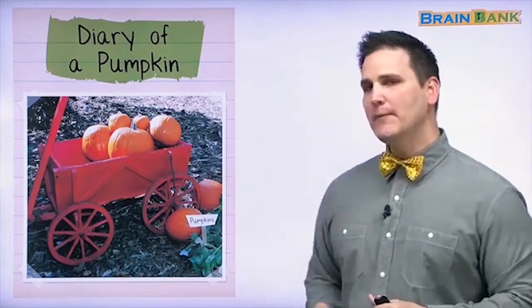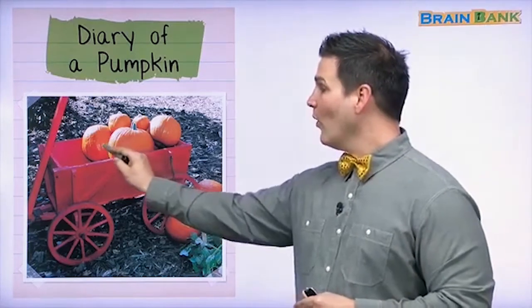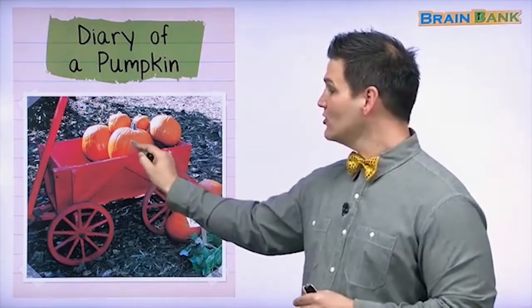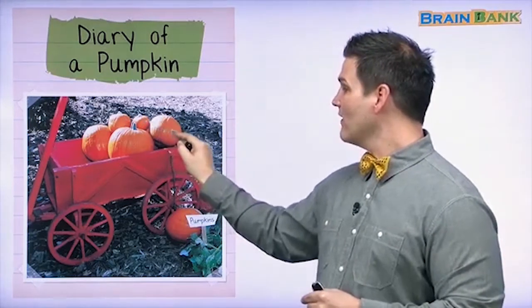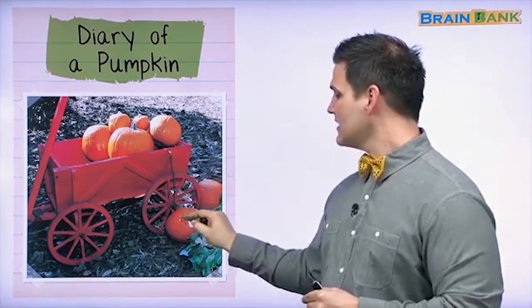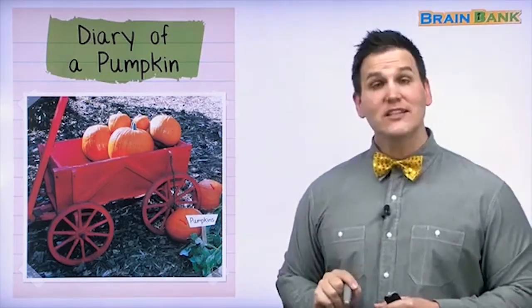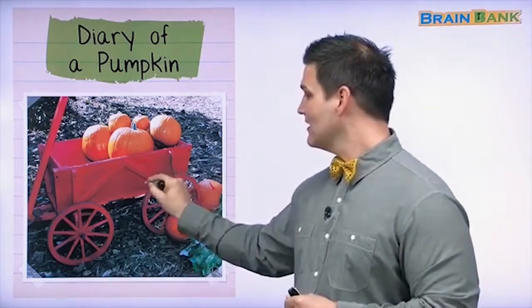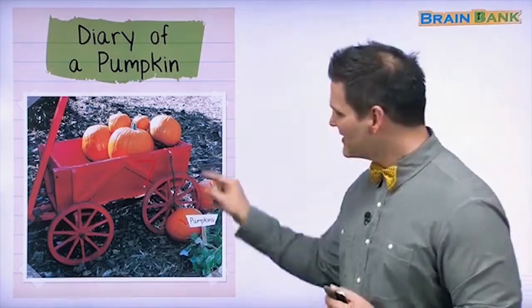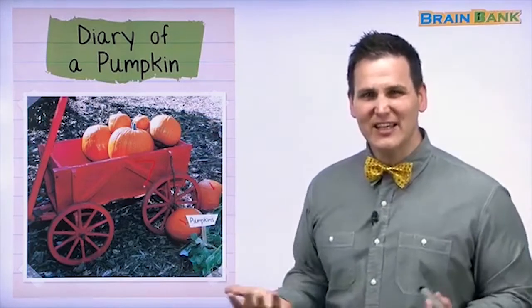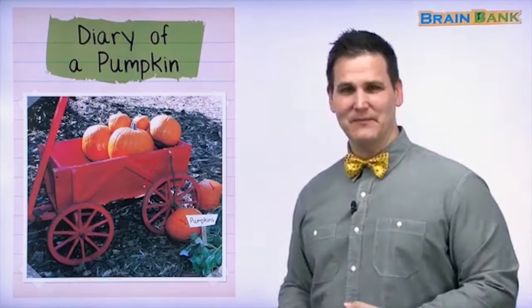How many pumpkins can you count? 1, 2, 3, 4, 5, 6, 7. There are 7 pumpkins. Now, there might be some underneath, but I cannot see them.